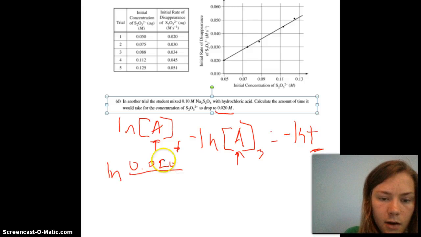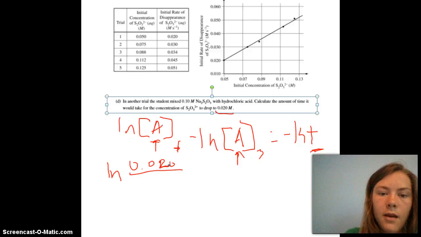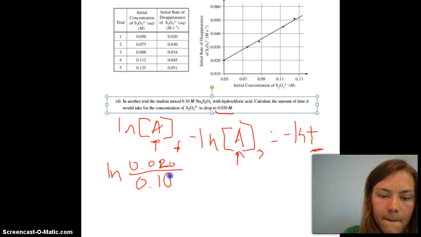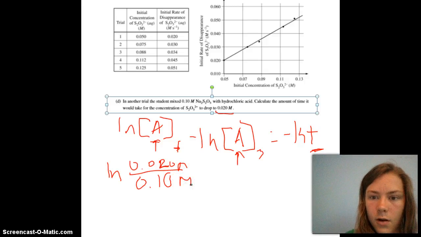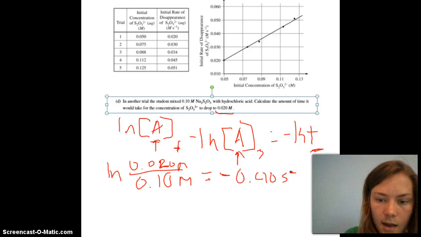And when you have natural logs and subtract them, you can put them into a fraction, minus the initial concentration, so 0.1 molar, and then that equals negative K, so K, which we just solved for, was 0.40 inverse seconds, and then times time.